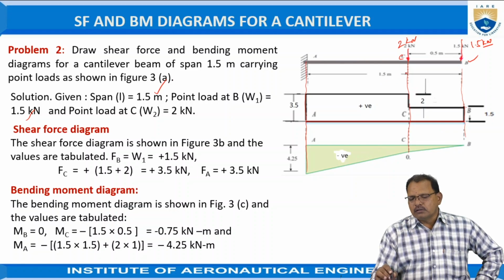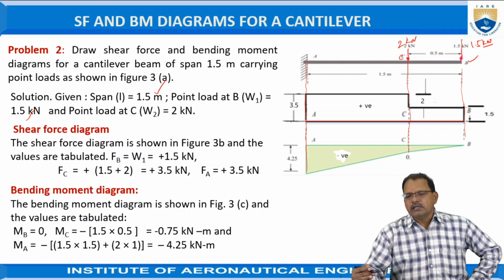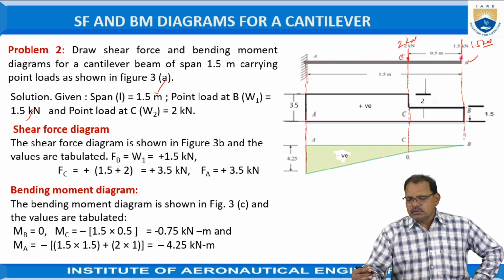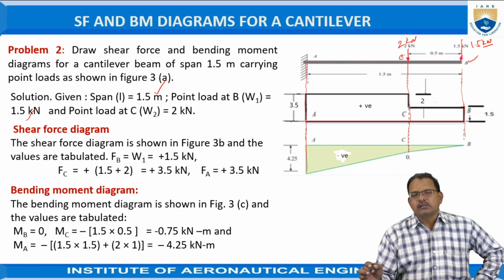Before reaching this point C, the shear force, that is the unbalanced force between B and C, remains constant, equal to 1.5 kilonewtons. Hence, draw a horizontal line up to C position now.